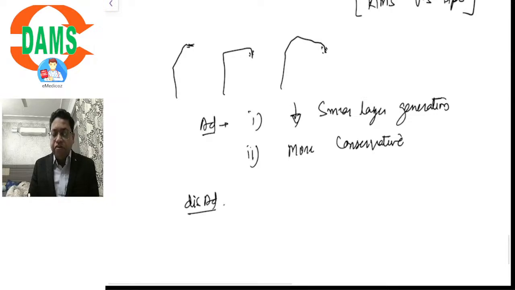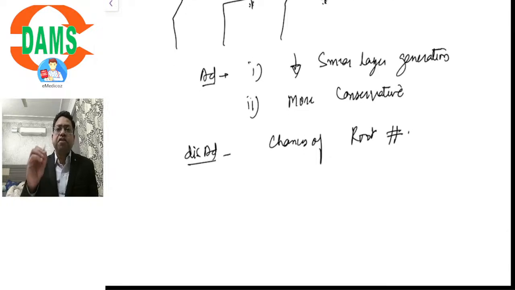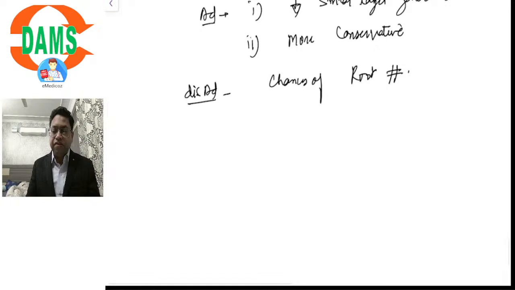Disadvantage, if we talk about, because of ultrasonic vibrations, there are chances of root fracture, isn't it? We are using ultrasonic vibrations in the range of 25 to 30 kilohertz. These vibrating ultrasonic tips, when used at the thin root end, can cause fracture of the root end.